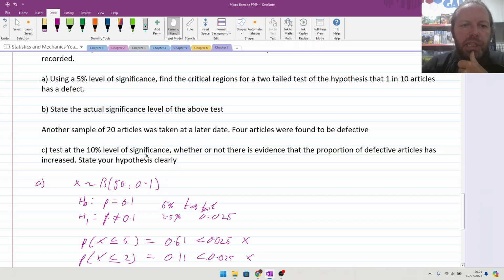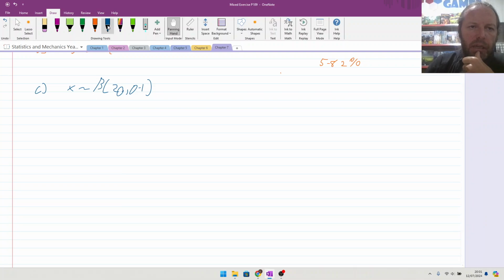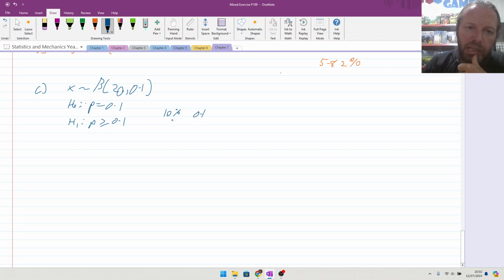Right, test at the 10% significance level whether or not there is evidence that the proportion of defective articles has increased. So we are doing a null hypothesis, and again, the probability is equal to 0.1. Then we're doing an alternative that the probability has increased from 0.1, and we are testing at 10%, which is 0.1, and this is a one tail.